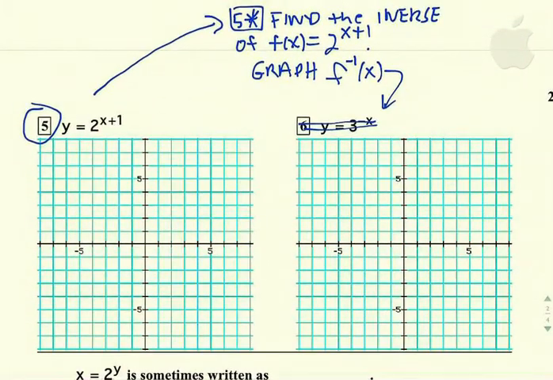Number 5. You can make a little chart again. When x is 0, y is 2. When x is 1, y is 4. And when x is minus 1, y is 1.